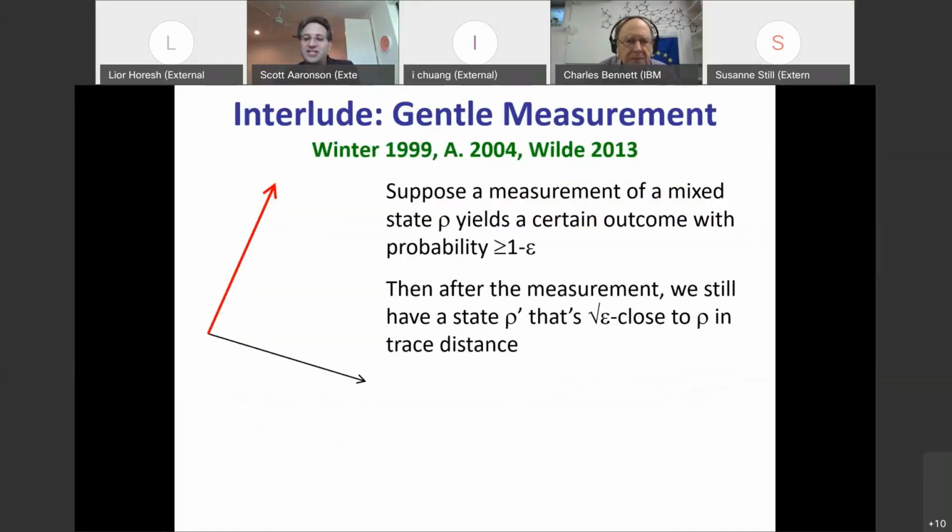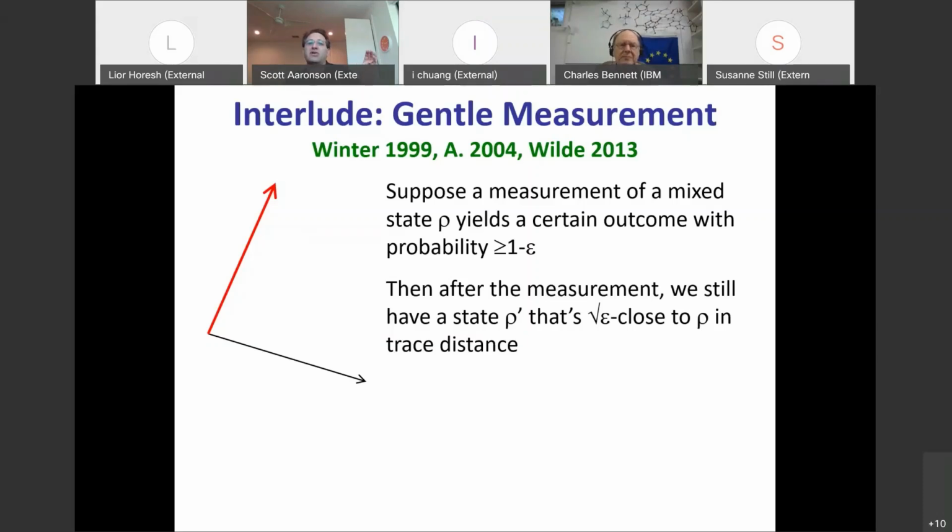All right, so now, to design a scheme for something like shadow tomography, a key primitive that we need is what's called gentle measurement, versions of which have been discovered many times in the quantum information literature. The basic idea here is that suppose we make a measurement on a quantum state rho, and suppose this measurement has an almost guaranteed outcome on this state.